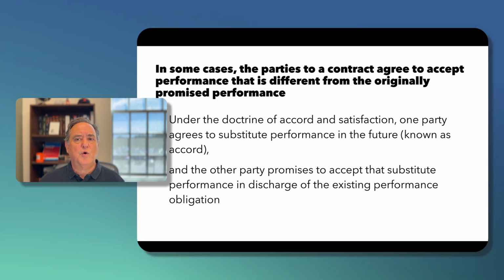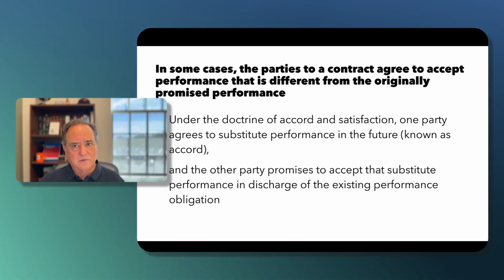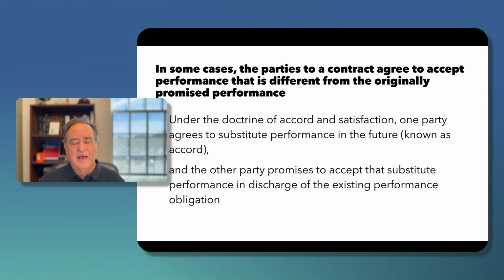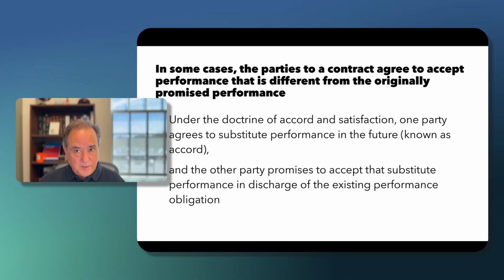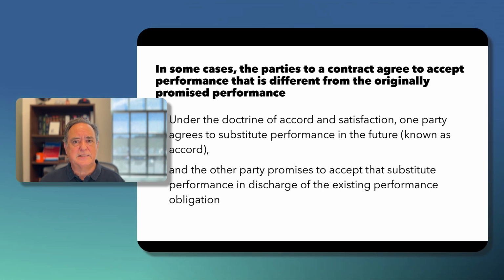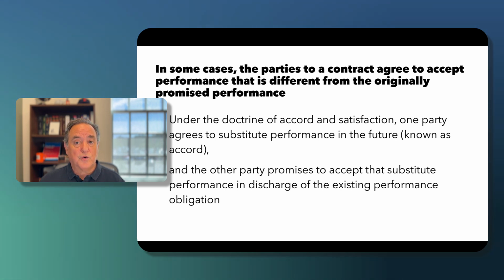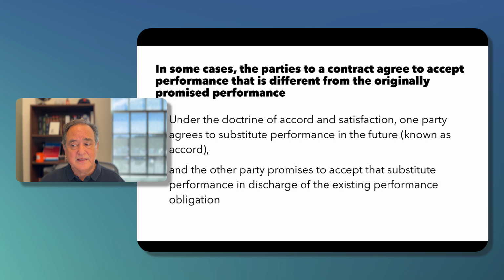So if you owe $40,000, but you say, look, I will pay you $30,000 right now, cash, and the other party, the creditor, agrees, then that's an accord and satisfaction, which is to say we are going to agree to accept less than what we are owed.